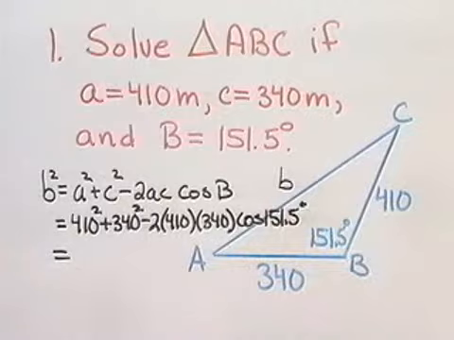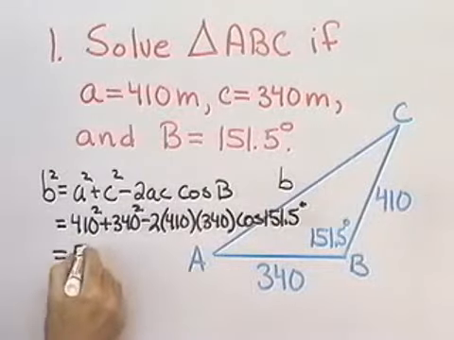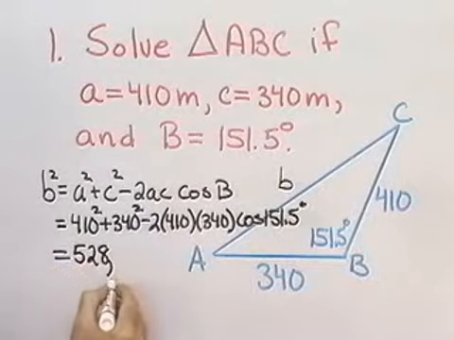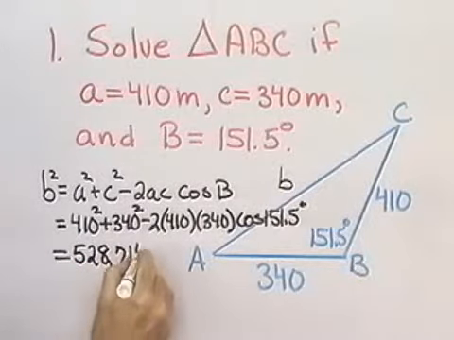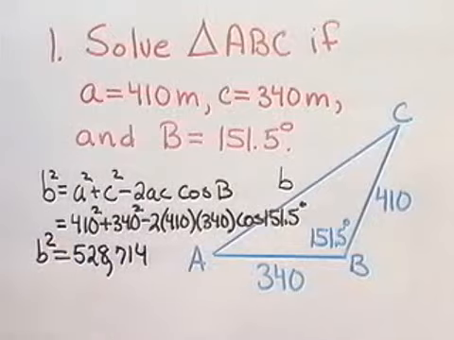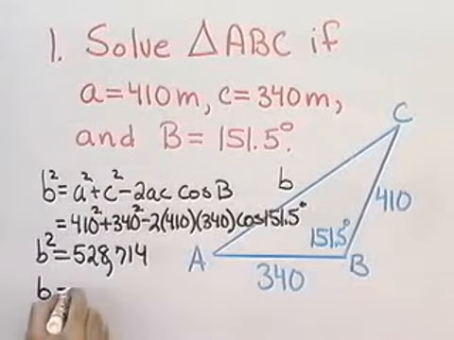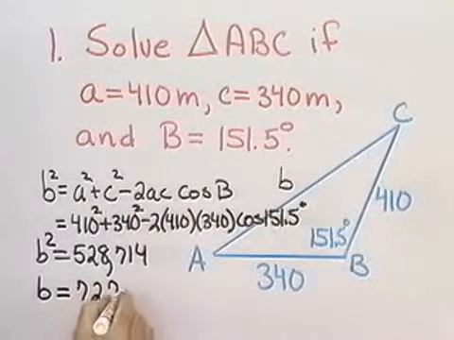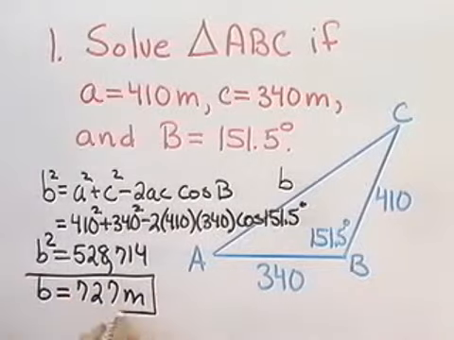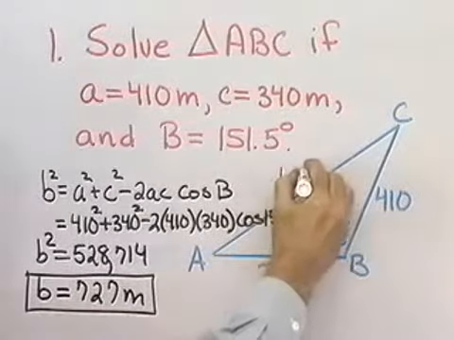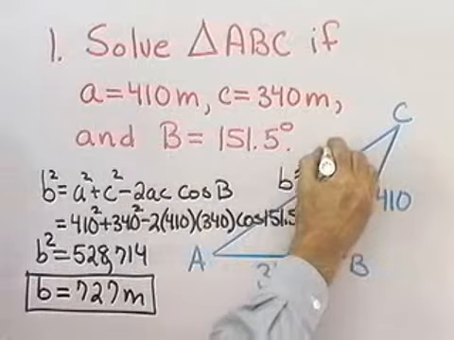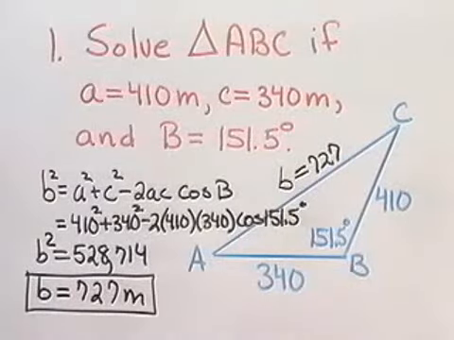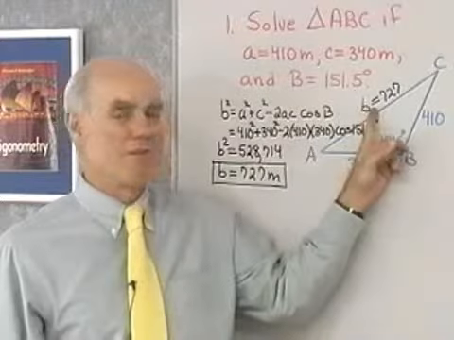On the calculator, that comes out to be B squared equals 528,714. Now I take the square root of that to get B, and rounding to 3 significant digits, I get 727 meters. So that's side B, 727 meters using the law of cosines. So I use the law of cosines to solve for side B.